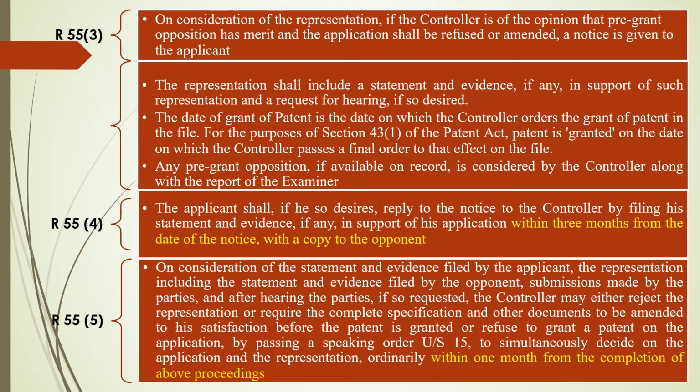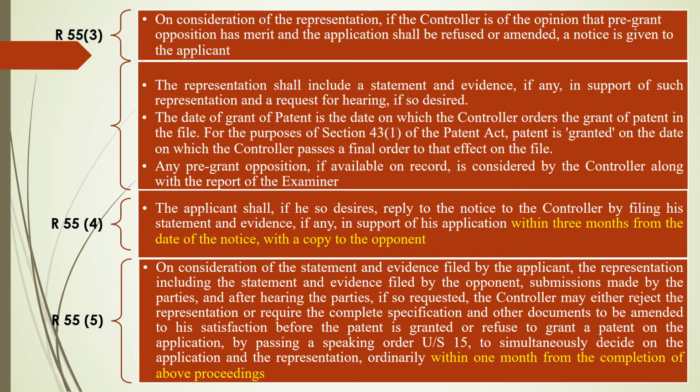Next, Rule 55 also says that on consideration of the representation, if the controller is of the opinion that pre-grant opposition has merit, the application shall be refused or amended, and a notice will be served to the applicant.